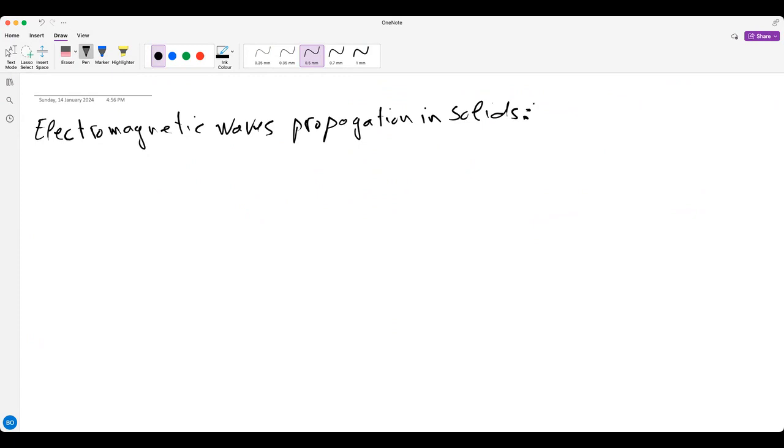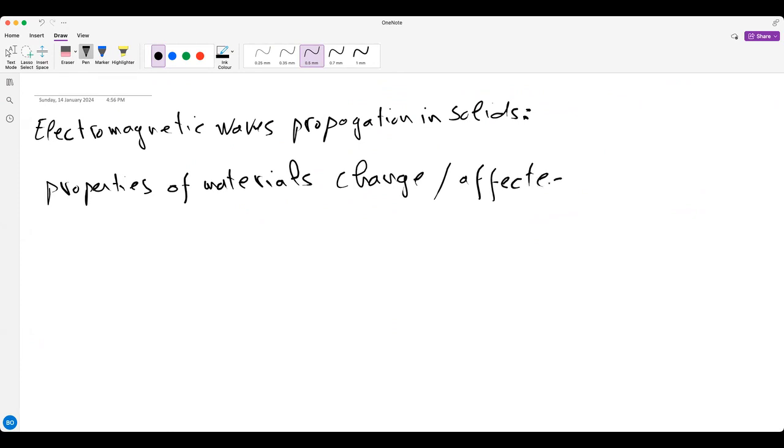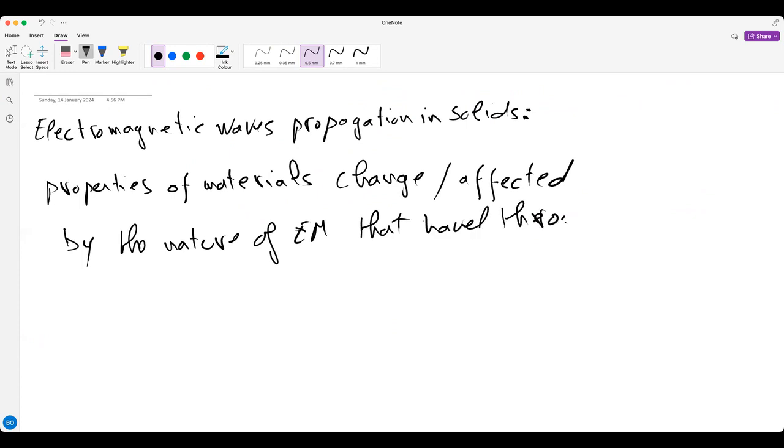In fact, we will demonstrate that the properties of some materials change or are affected by the nature of the electromagnetic waves that travel through them, through these materials.